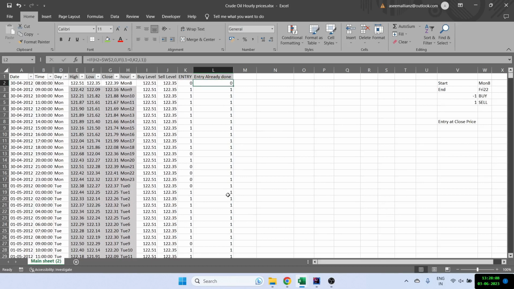So let's actually put the price now. So my entry price is equal to if, and now first thing I want to check is if previously, so if L1, if this is 0, that means I had not taken the entry in the previous candle, but in the current candle, if it's equal to -1, that means previously there was no entry taken, but now there is a buying entry coming.